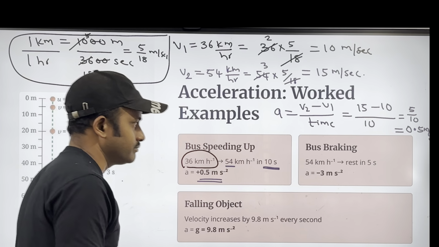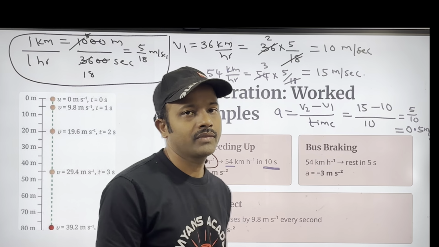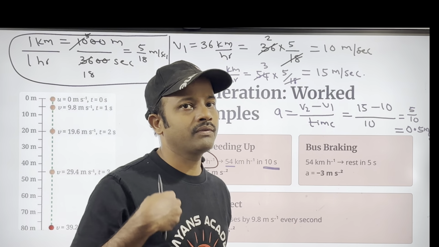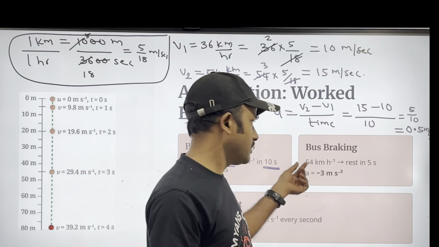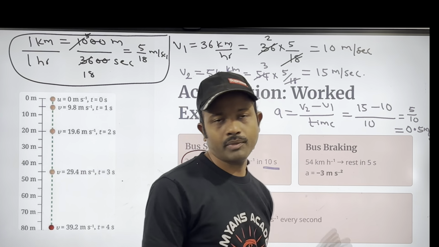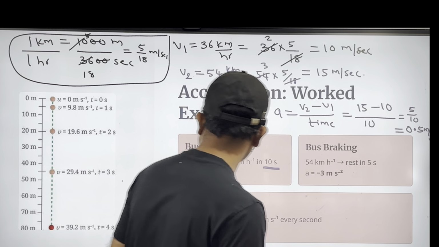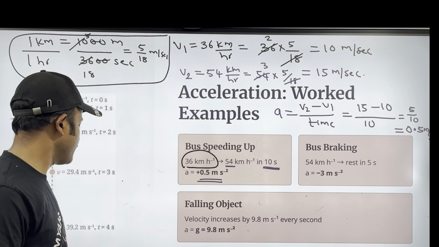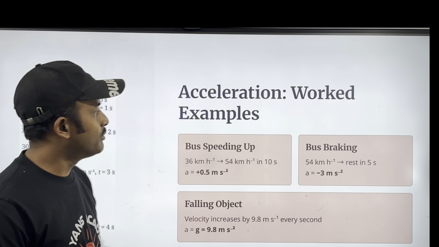If the bus is braking, within 5 seconds the speed of the bus decreases to 0 from 54 kilometer per hour. So in this case, what is your acceleration? Let us consider the bus braking.